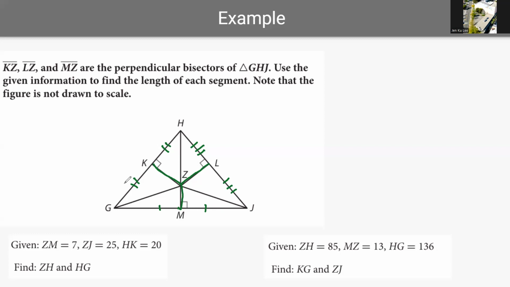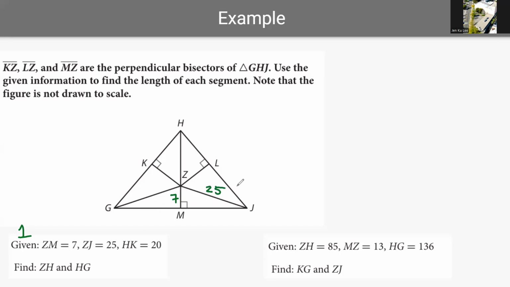Use the given information. So here we have example 1. Okay. ZM is 7. So I'm going to erase all of this so that it doesn't get too messy. So this is example 1. ZM is 7. ZJ is 25.